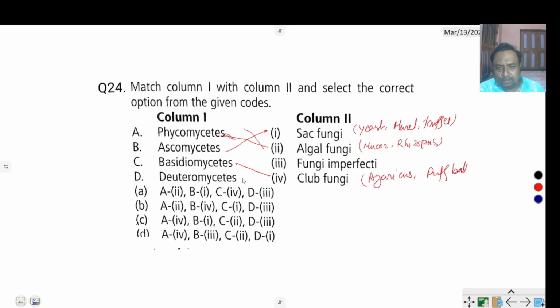And Deuteromycetes is called fungi imperfecti because sexual reproduction is absent here. Examples: Alternaria, Trichoderma. Clear? So here the option is A, right.